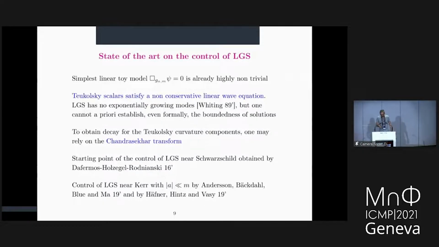So I should mention that there are, in fact, many other works of stability on Schwarzschild, and I apologize for not quoting all these works. I would still like to quote the fact that this was extended later to the Kerr linearized gravity system for small angular momentum by two independent teams. On one hand, Andersson, Bäckdahl, Blue, and Ma, and on the other hand, Häfner, Hintz, and Vasy.